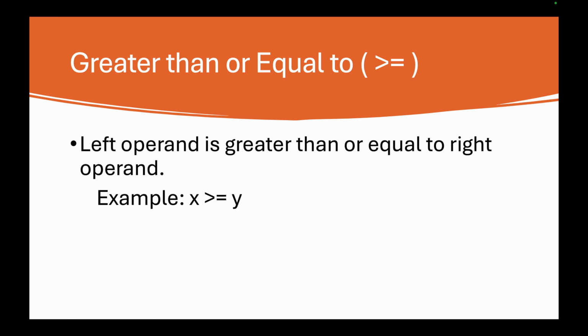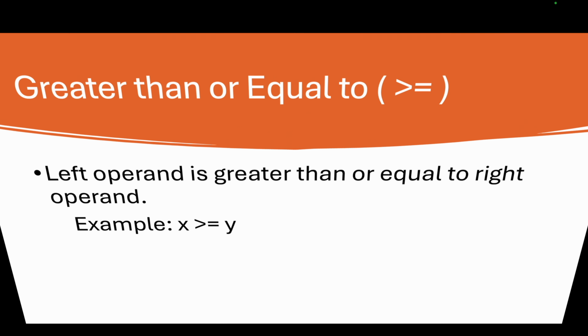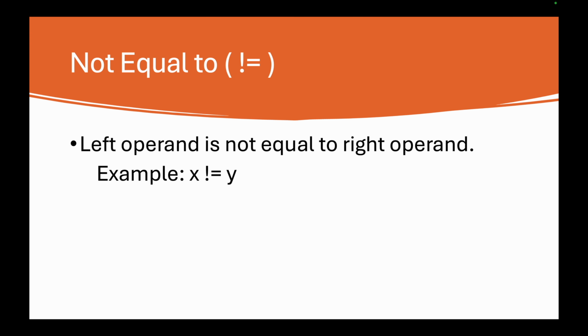This is greater than or equal to. In this case, the left operand is greater than or equal to the right operand, x is greater than or equal to y. The last is the not equal to operator. In this case, the left operand is not equal to the right operand, and we denote it by x not equal to y. Now let's practice all of the comparison operators in Python code.